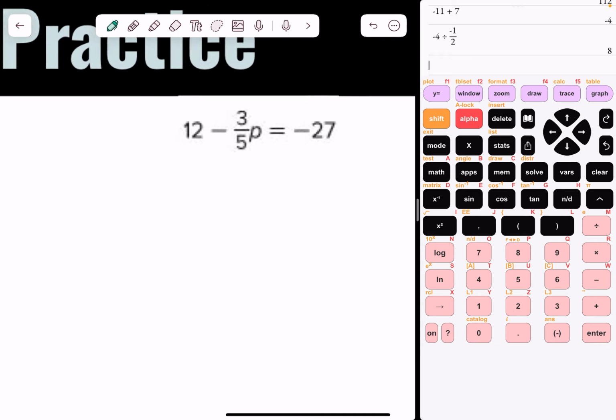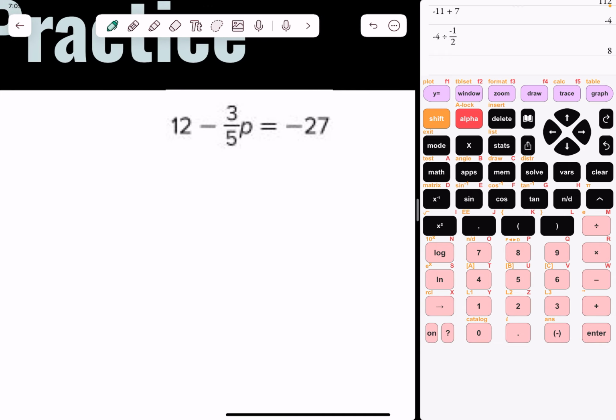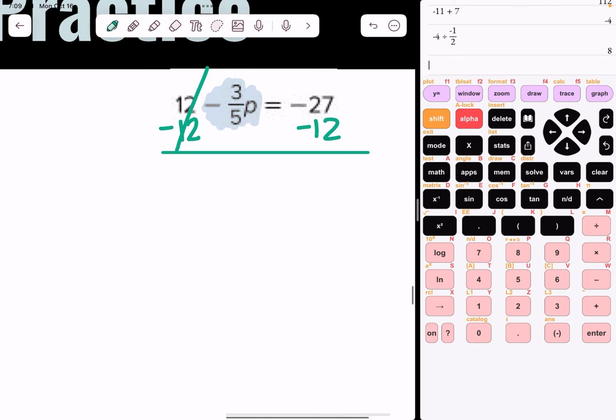And this next one, to get rid of the 12, we are going to subtract it since it's a positive 12. This negative belongs to 3 over 5p, which we're trying to get by itself. So now 12 minus 12 is 0, so we can cross that off. We will have negative 3 over 5p equals negative 27 minus 12 is negative 39.